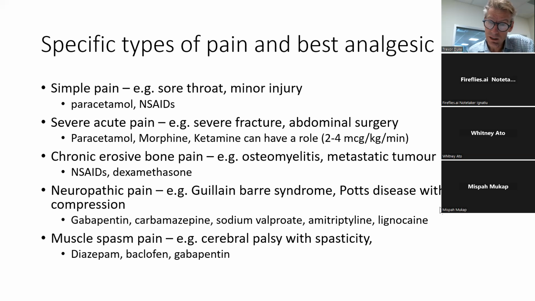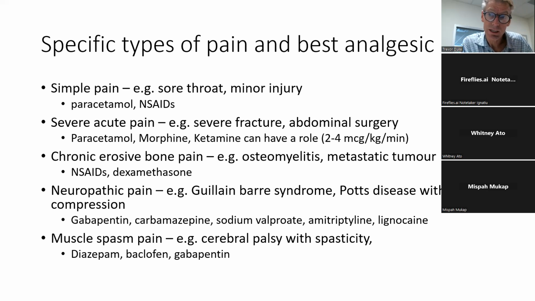And the sorts of medications that are useful for that, of course, are simple analgesia like paracetamol or non-steroidal anti-inflammatory drugs, which can still be a useful base, if you like, for analgesia provision.